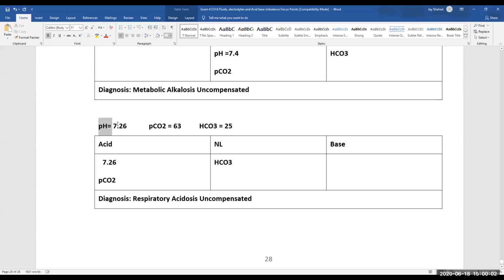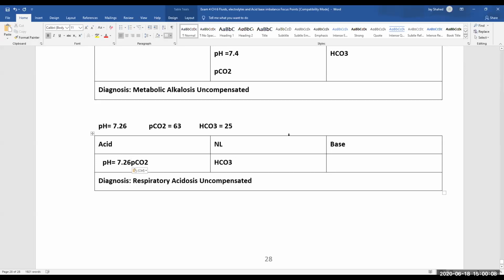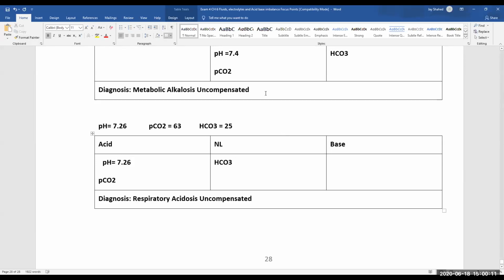Fantastic. So you guys are on a roll here. All right. What else do we have? Give me one that has both metabolic acidosis and alkalosis uncompensated. Can you have both compensated?